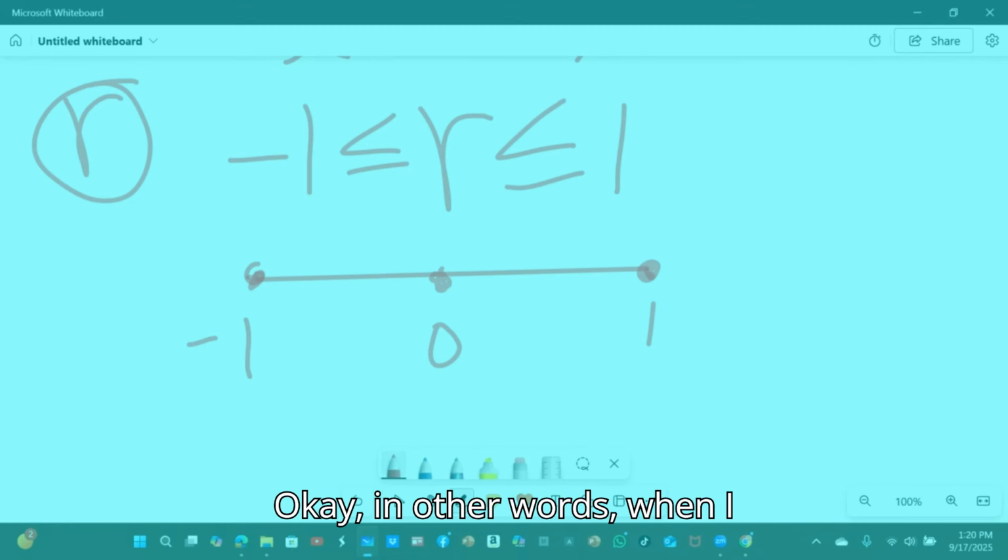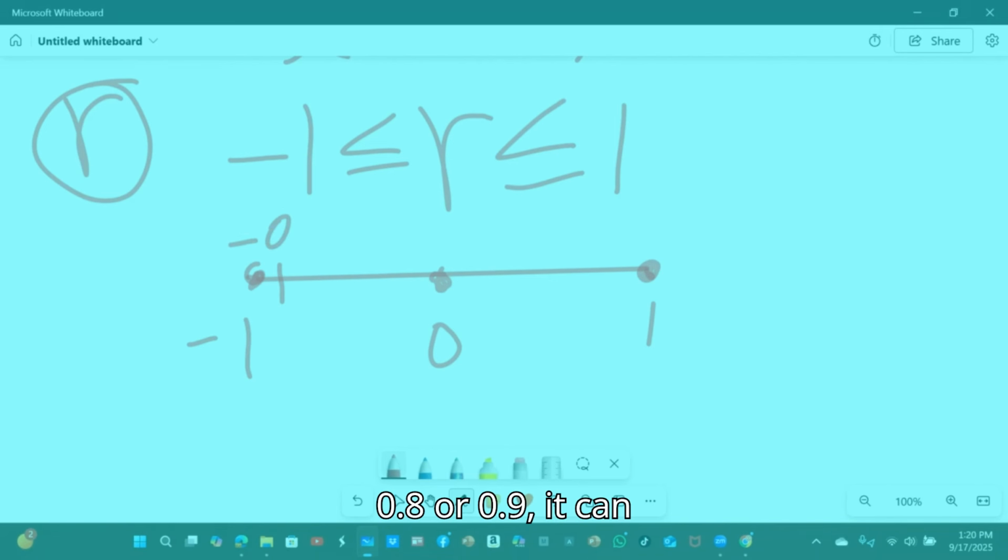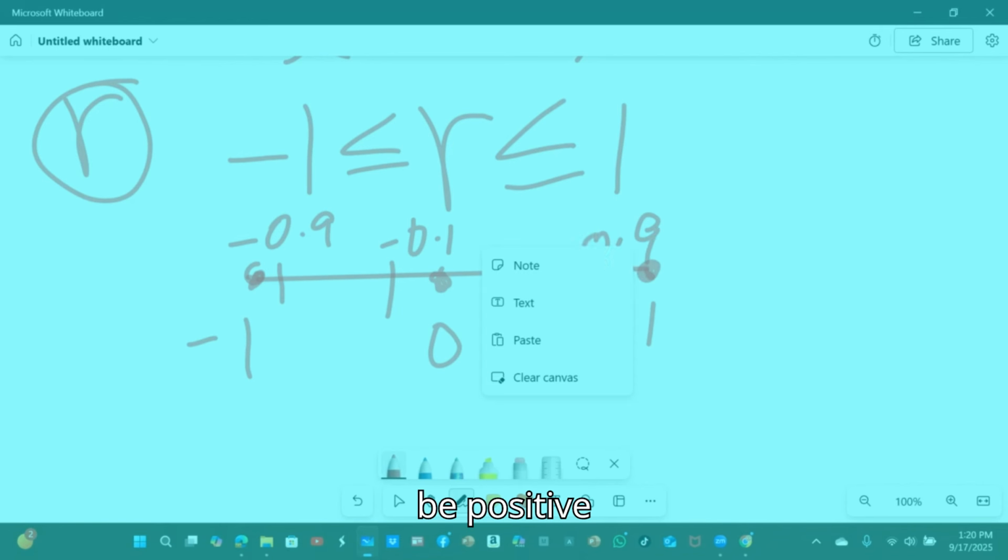In other words, when I finish a linear regression calculation, the R can be -0.8 or 0.9. It can be -0.1, or it can be positive 0.9, or it can be positive 0.2.